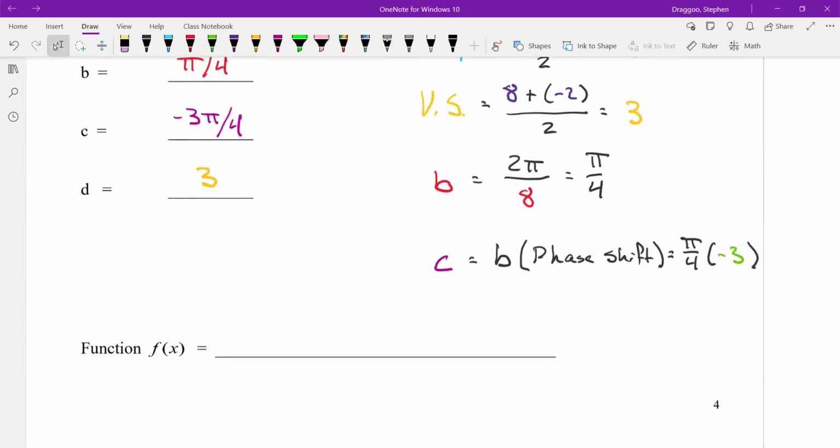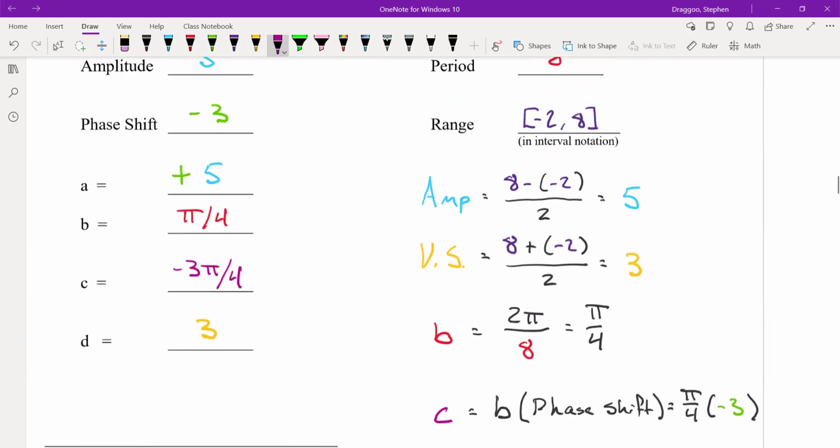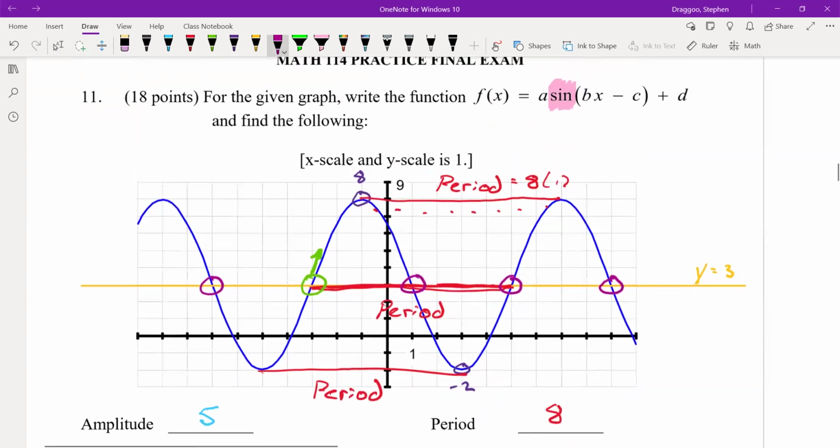So the final thing is to just put this all together in an equation. So 5 sine of pi/4 times x. Here's where I go minus c. So if I scroll back up to the top real quick, remember that it's minus bx minus c on the inside of the equation.